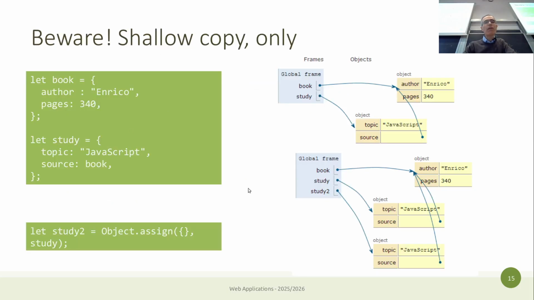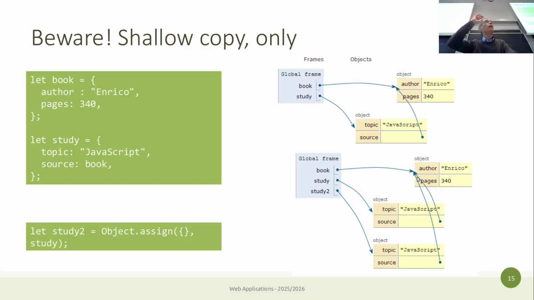If there are references inside the object, like study is an object you see from the curly bracket, and source is book, so a reference to another object, another array, and so on. The object assign, of course, copies the reference. So study2, you see it's another object, but the reference to the secondary object, so Enrico 340, is the same. You see the two arrows go in the same place.